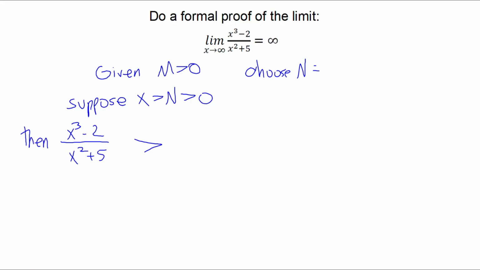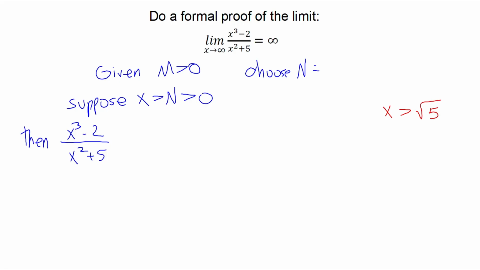So I want to have x's in the numerator here. So let's first try to get rid of the +5 that's in the denominator. And there's a little trick that you kind of want to get used to here. If it's an x plus 5, we want to let x be greater than 5. But since it's x squared plus 5, we want to let x be greater than the square root of 5.